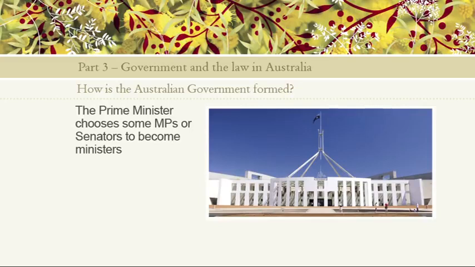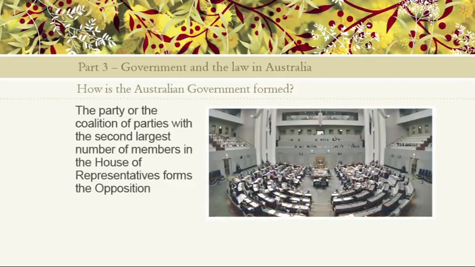Ministers are responsible for areas of government such as employment or Indigenous affairs. The party or the coalition of parties with the second largest number of members in the House of Representatives forms the opposition. Its leader is called the Leader of the Opposition.